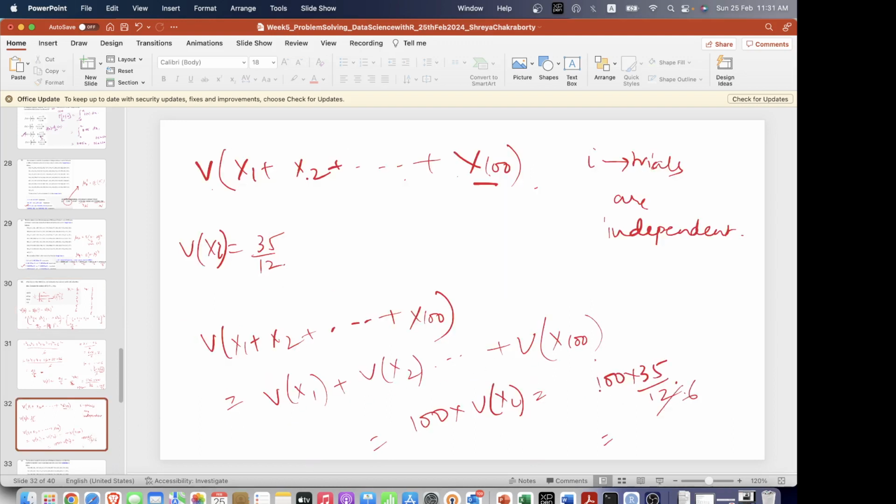So this would be 1750 by 6. This can be further broken down into 25 into 35 by 3, so we have 875 by 3. That is the answer.